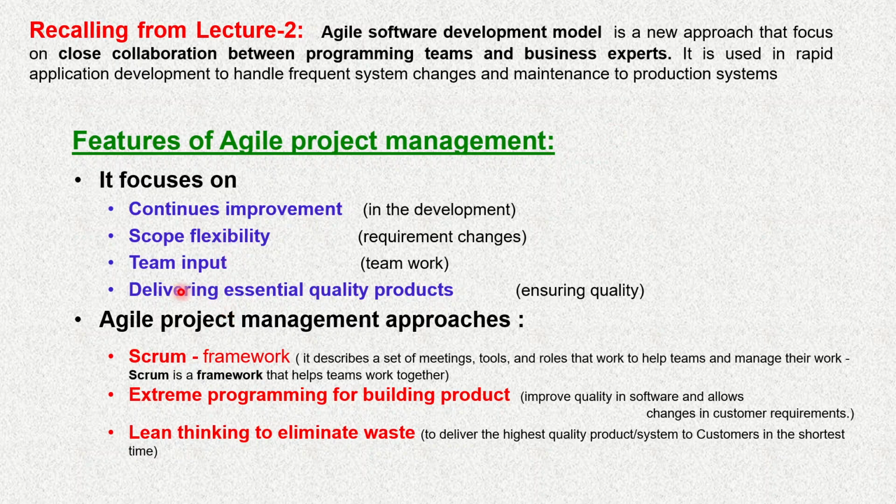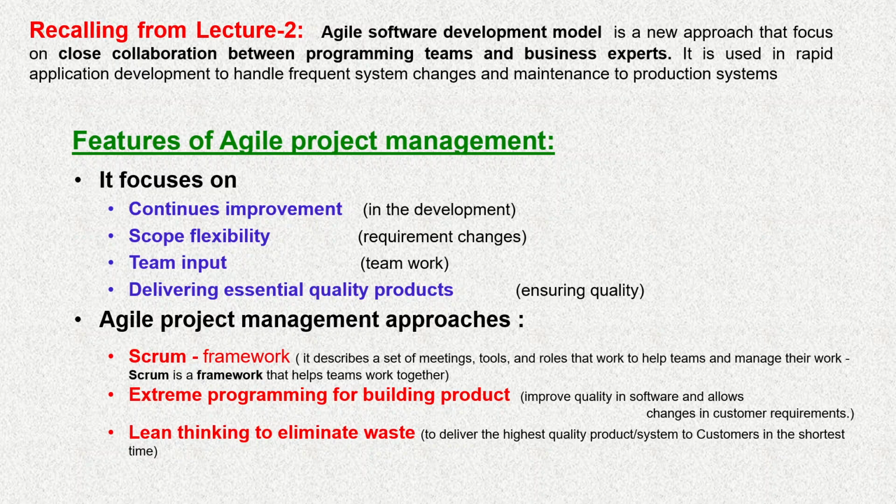Next, delivering essential quality products: once we apply Agile, we have to make sure that the project we are developing has good quality. To apply Agile, there are some approaches we are going to understand in this lecture, but today we mainly focus on Scrum. What is Scrum? I will explain in the coming slides.